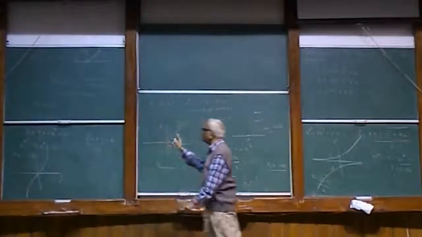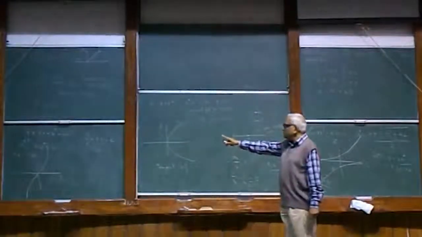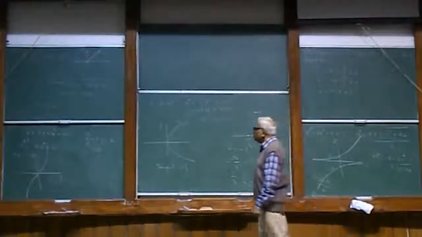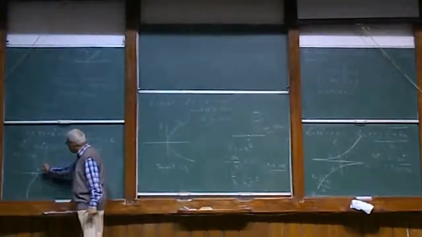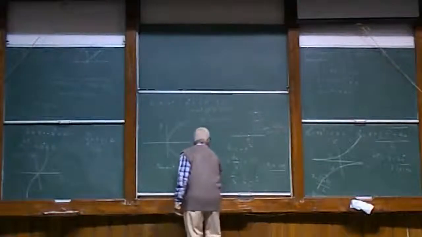So if r is negative, I have only one root, which is determined by this intersection point over here.